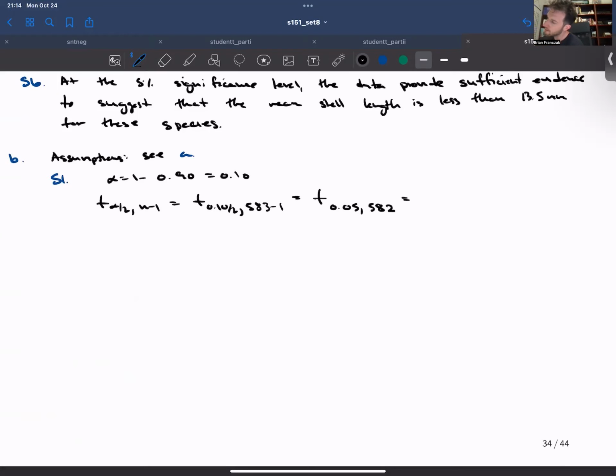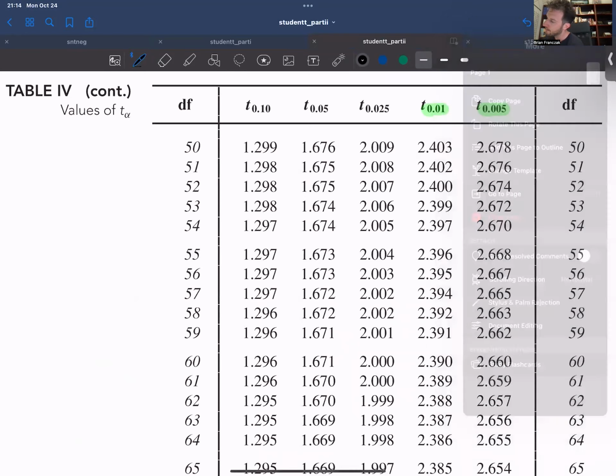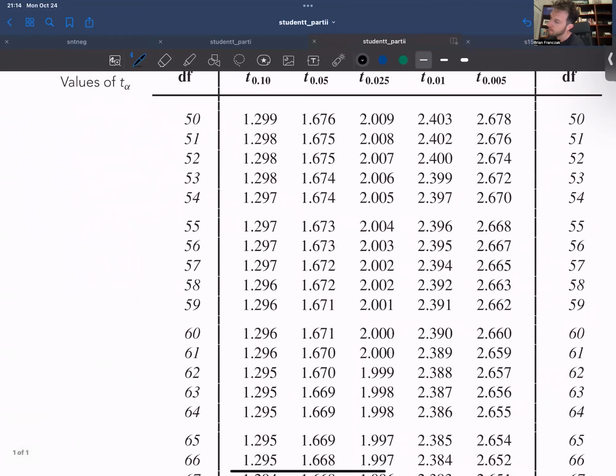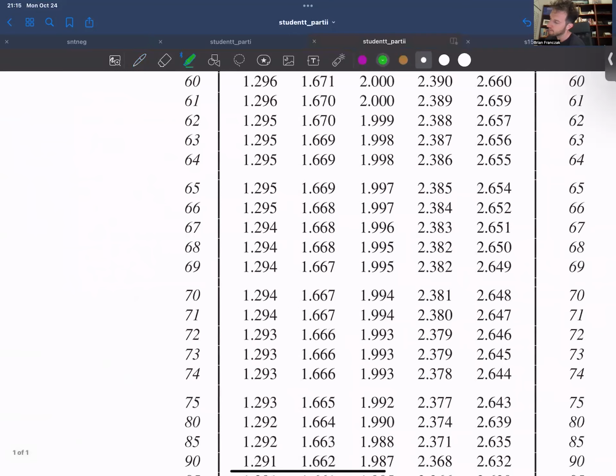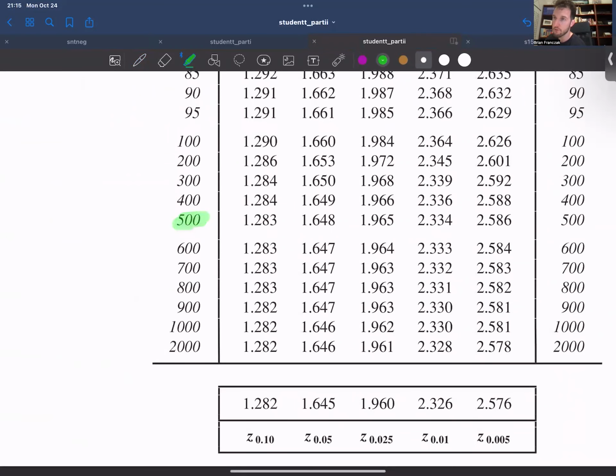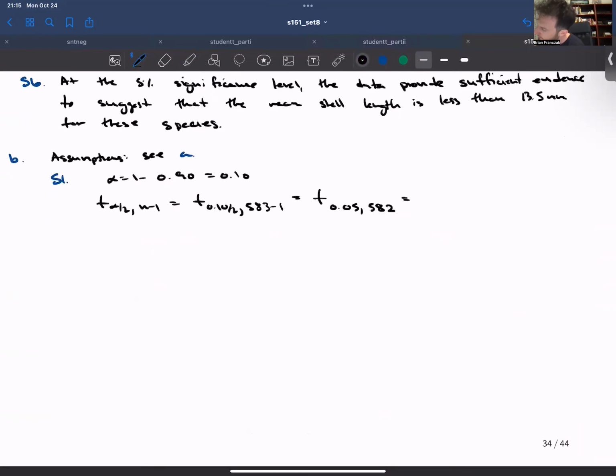We go to our t table, and we have 582 degrees of freedom. We have 0.05. So we scroll down, we take 500. We always round down. So we're going to use 1.648. So the t value is approximately 1.648, because they're not exactly equal anymore since we've rounded down to use the 500 degrees of freedom value. So this is approximately true.